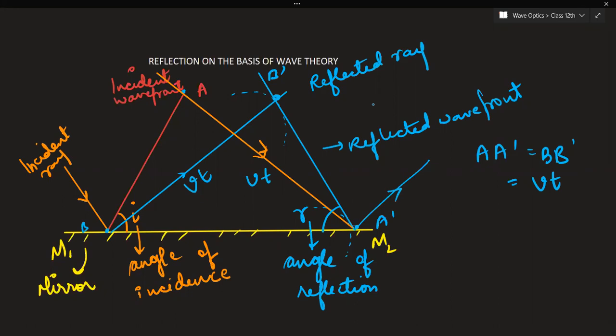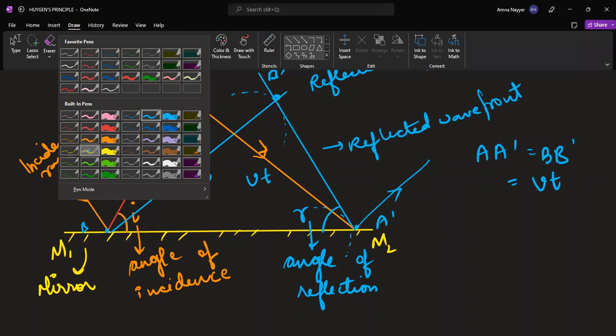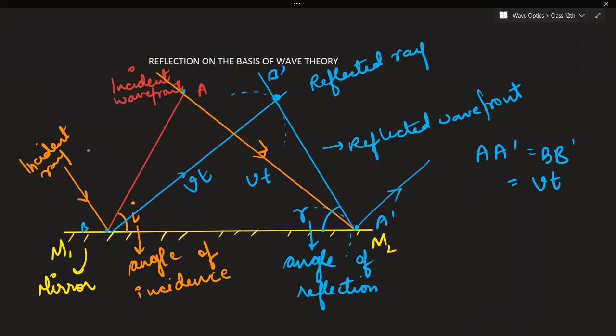Now see, let's look at certain triangles for the derivation of this. Look at this triangle A dash, and have a look at this triangle B, B dash, A dash.